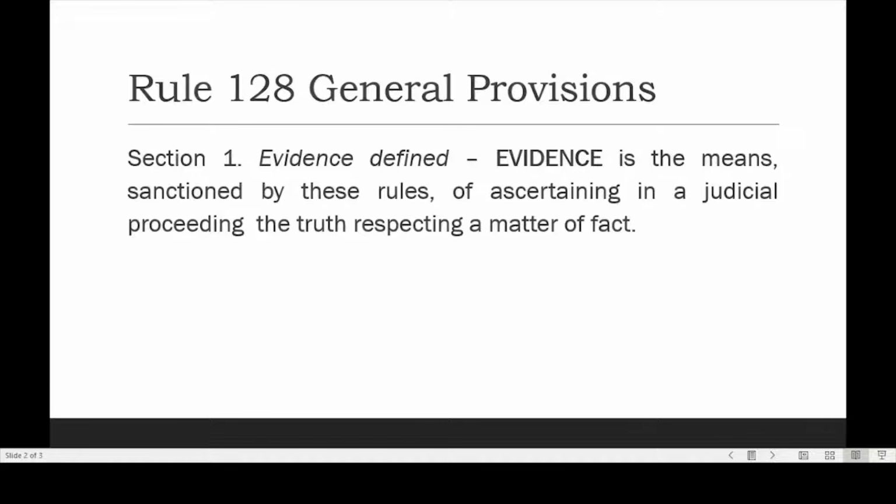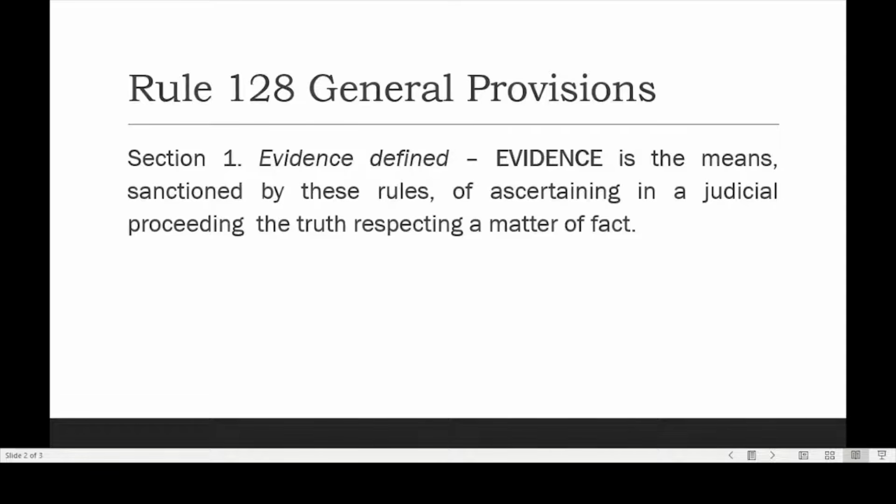So now let us proceed to our subject proper. The Revised Rules on Evidence begins with Rule 128 regarding the general provisions. First, let us define what is evidence. Remember here that we are defining evidence in a technical or legal sense.